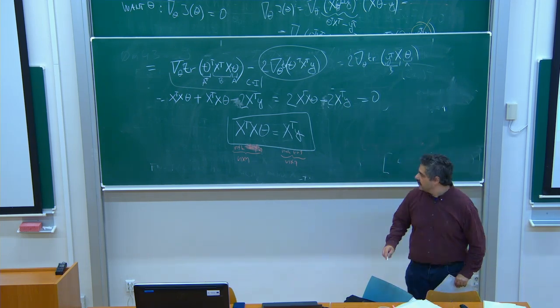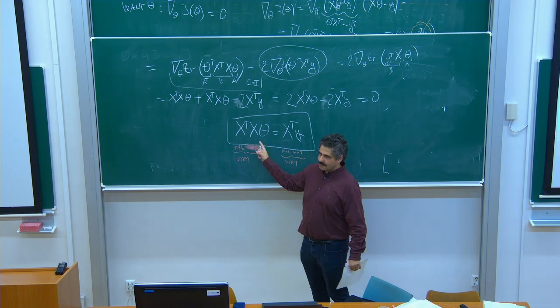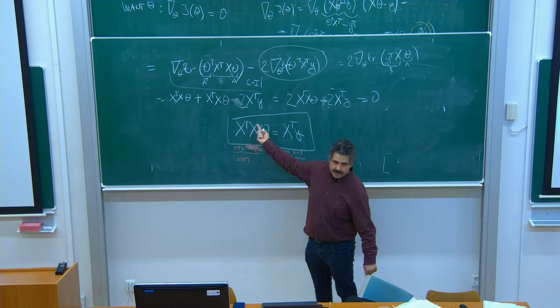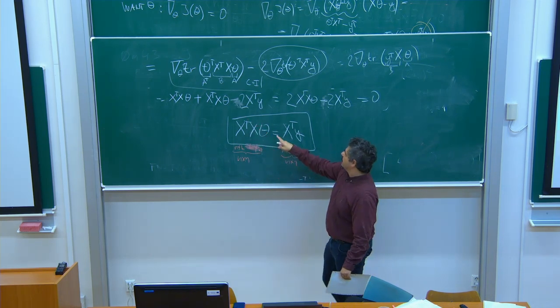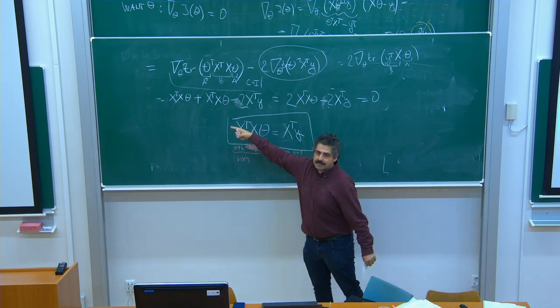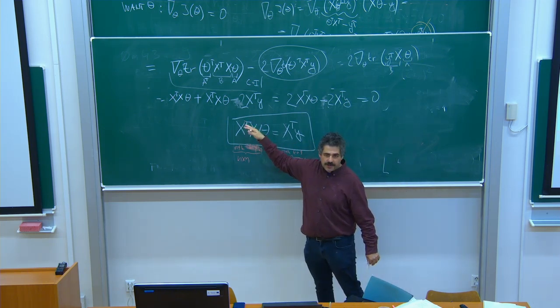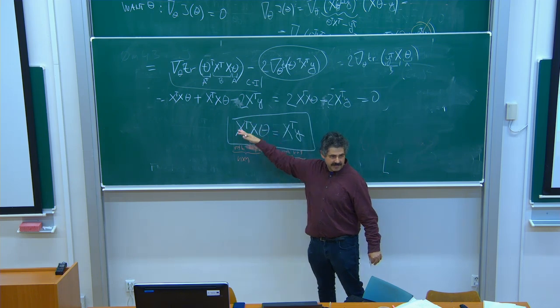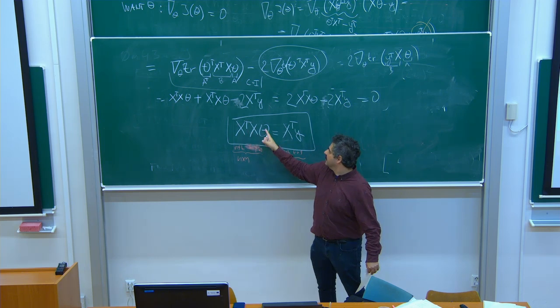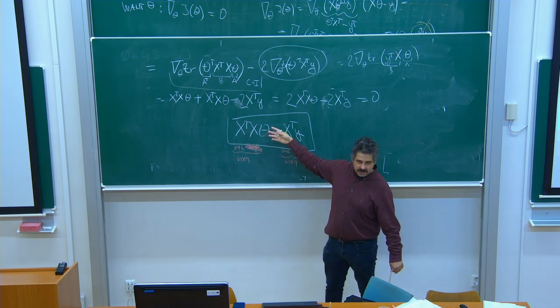So basically you have some n by n matrix multiplied by some unknowns. With regard to a particular fixed training set, this is fixed, right? This is a constant. There's nothing variable in here. Theta is something that we don't know.